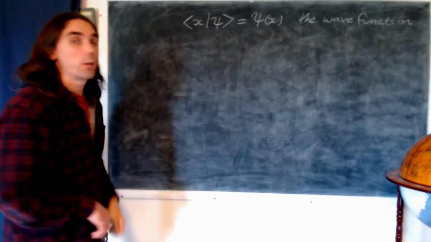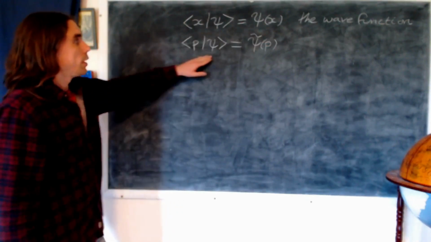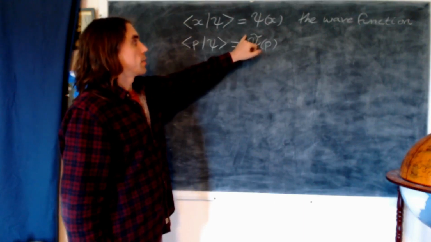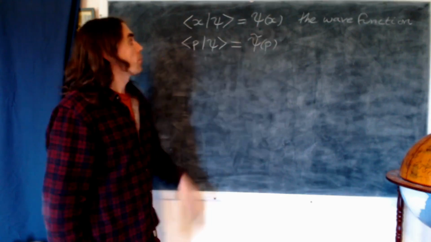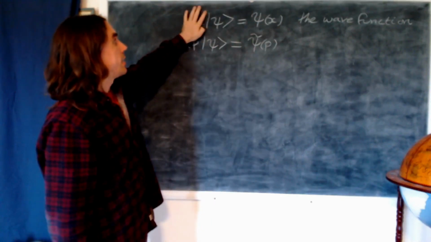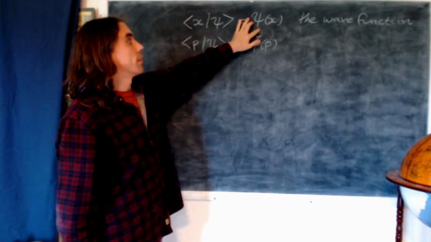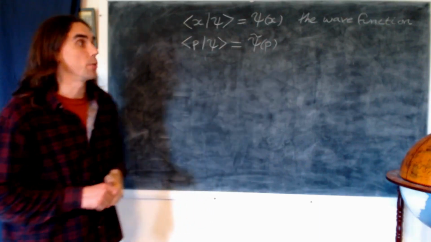But we could equally well have projected it into the momentum basis, in which case we would have psi of p instead. So we sometimes write this as psi twiddle, and that's the Fourier transform of psi of x. Okay, so psi, the ket, is really a slightly more general object. It's what lies at the heart of the function before you say it lives in the x basis or the p basis or whatever other basis you want to work in.